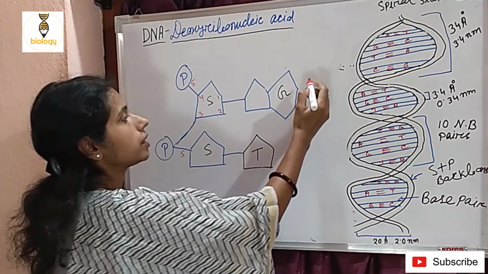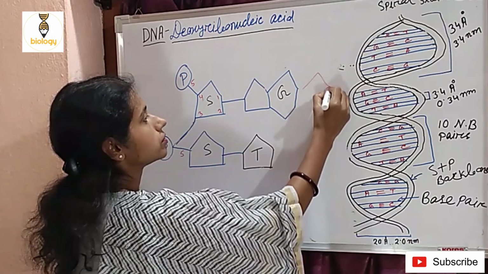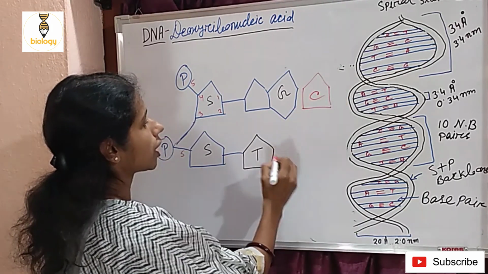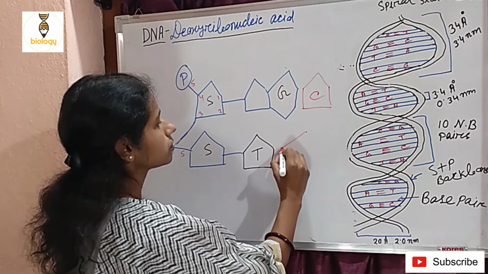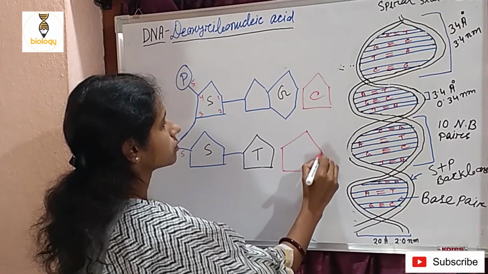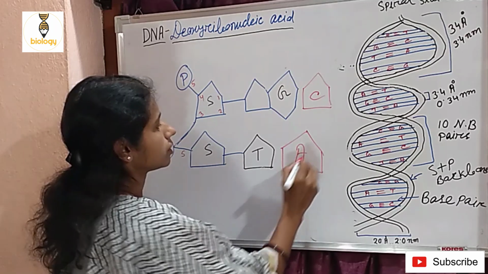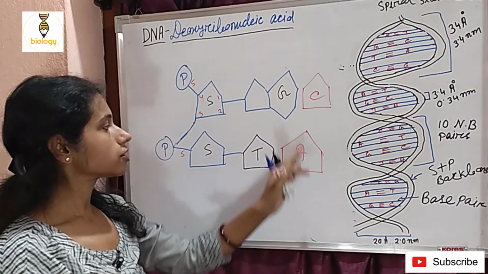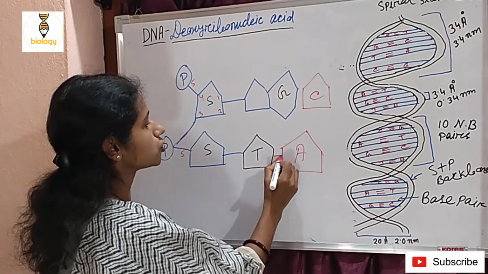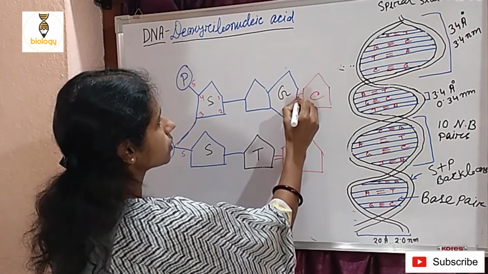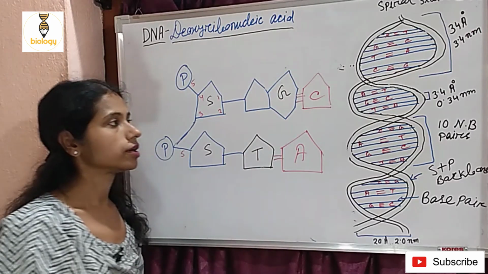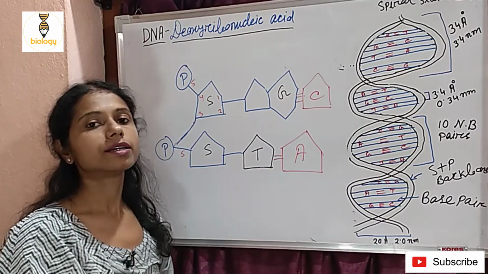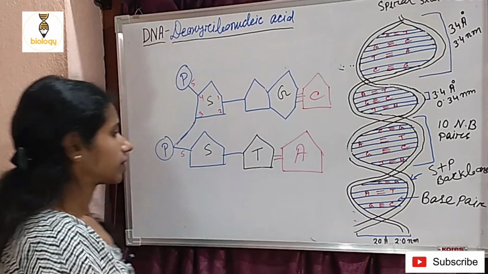So guanine will make a bond with cytosine, and thymine will make a bond with adenine. Like this way the bond will make. So we understood this one. Here it is 2 hydrogen bonds, here it is 3 hydrogen bonds, like this way. This is a complete structure of a double helical model of DNA.